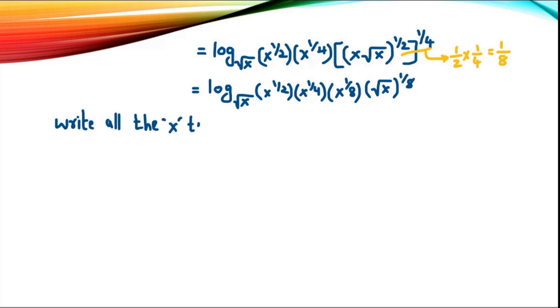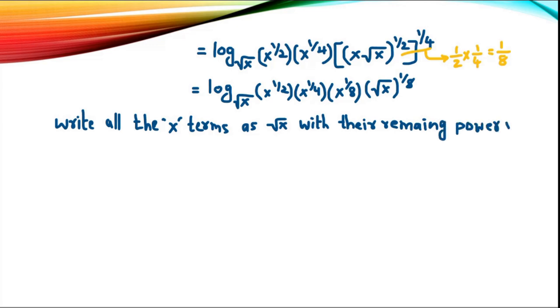Now we have all the x terms separately. Let's write these x terms in terms of square root of x by rewriting their powers. Here square root represents the power 1 by 2. Here 1 by 2 power represents a square root.